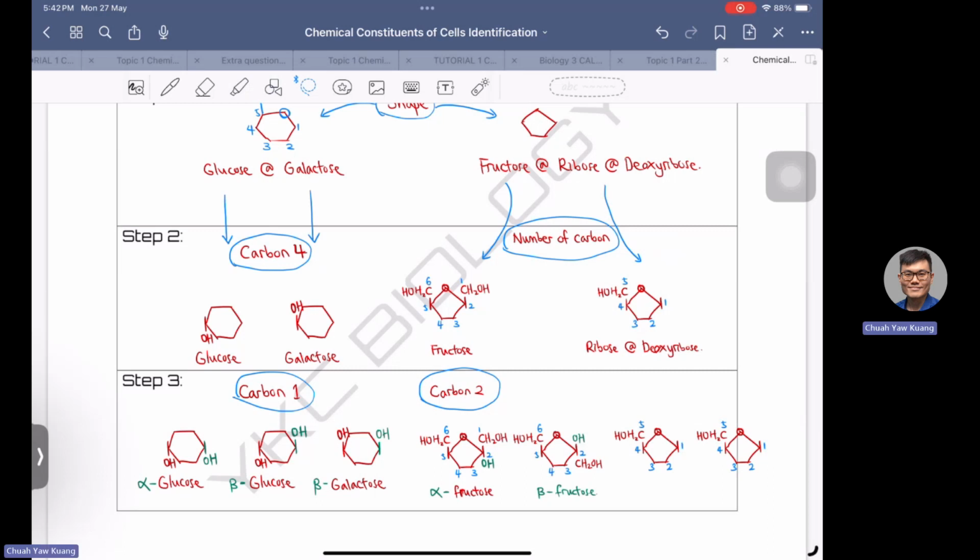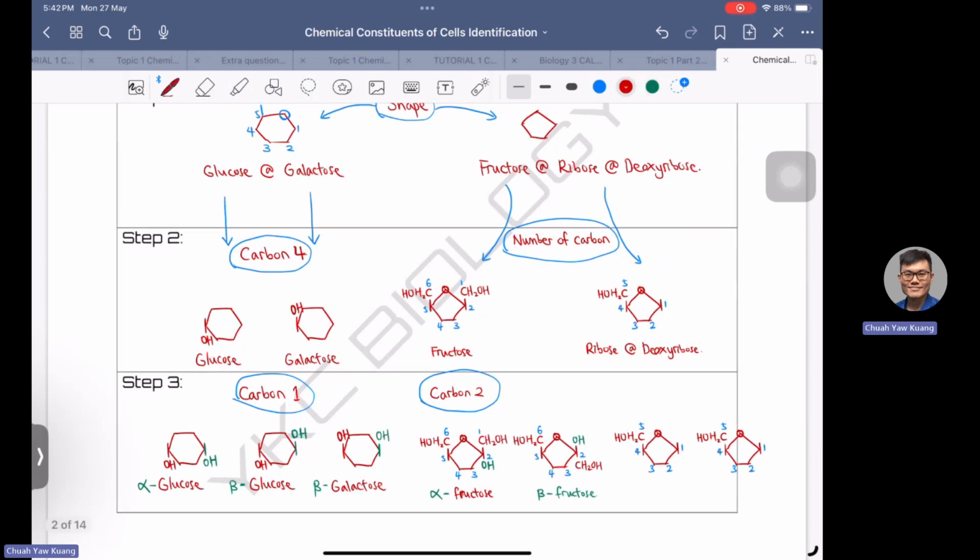In order to differentiate the ribose and deoxyribose, that will need the step number 3. So for step number 3, it is the same. We will still look at the carbon number 2. So that means yes, ribose, deoxyribose.